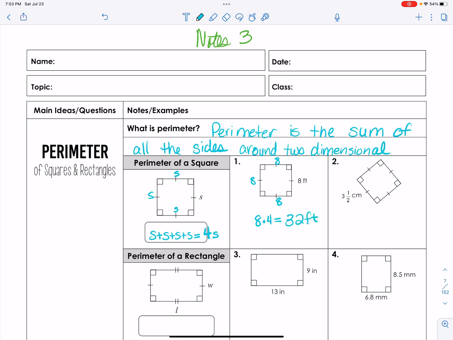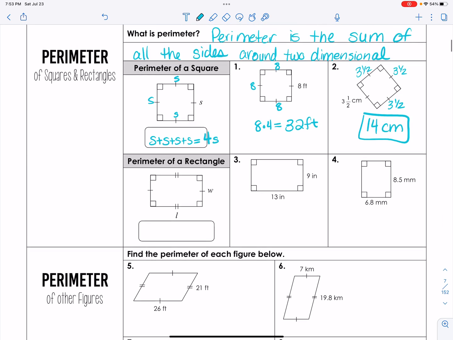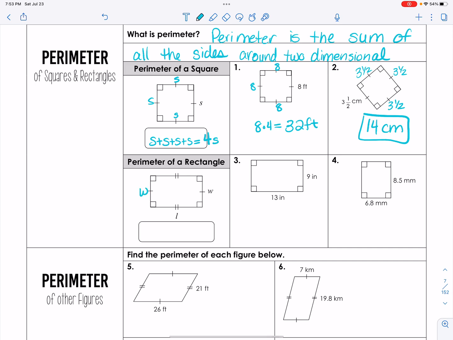The next one, all of these are 3.5. Well, 3.5 plus 3.5 is 7, and you do that another time. So 7 and 7 is 14 centimeters. The perimeter of a rectangle is a little bit different because these W's are the same, and this is an L. So you have W plus W plus L plus L, so really that's 2 W's plus 2 L's.